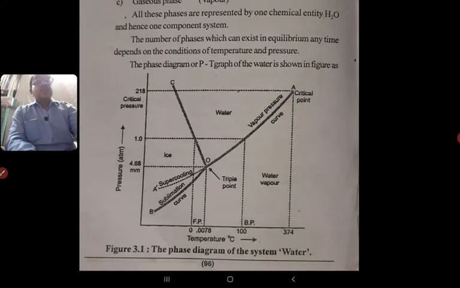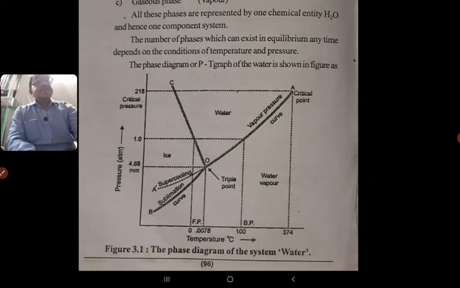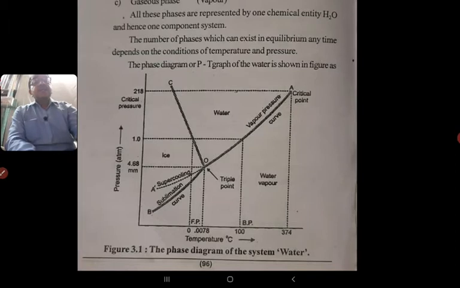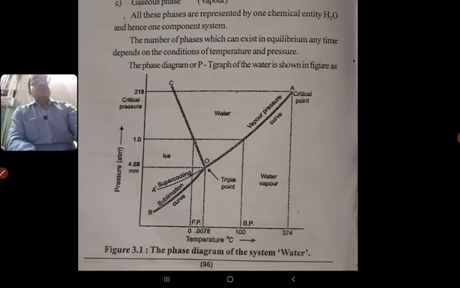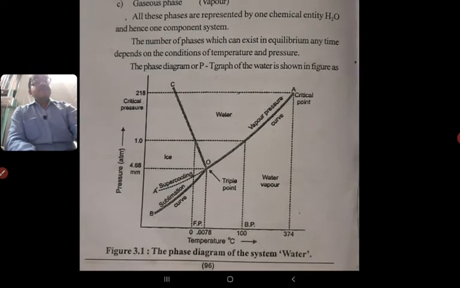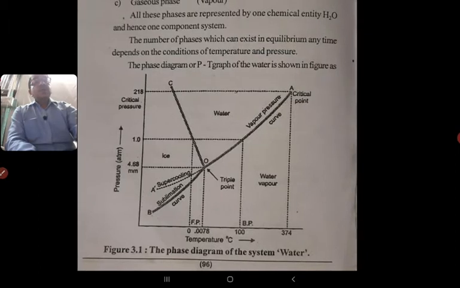The triple point is shown at O, and the boiling point is shown. 4.58 millimeter is shown, 1 atmosphere is shown, 100 degrees temperature is shown, 0 degrees temperature is shown, and 374 degrees temperature is shown. Critical pressure is represented, and temperature is represented on the x-axis.